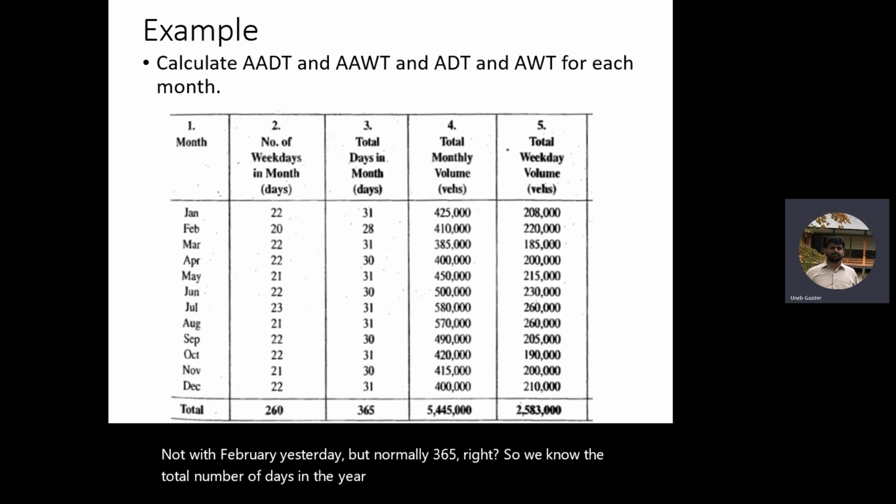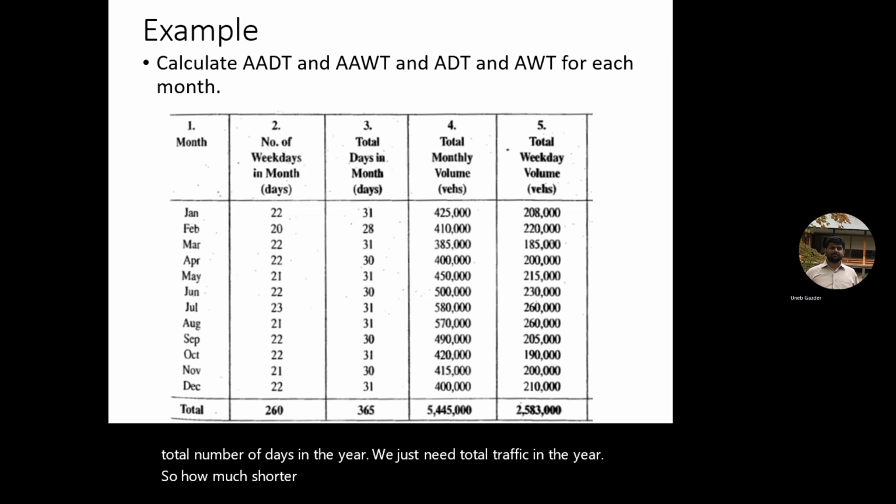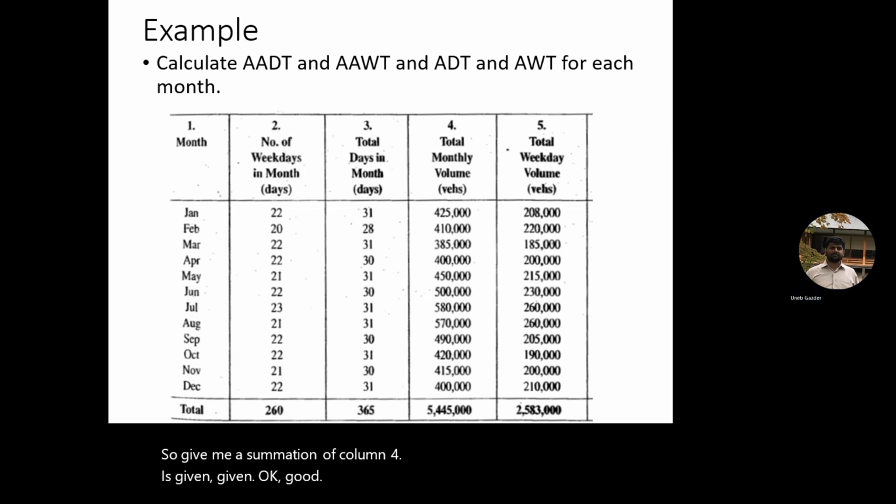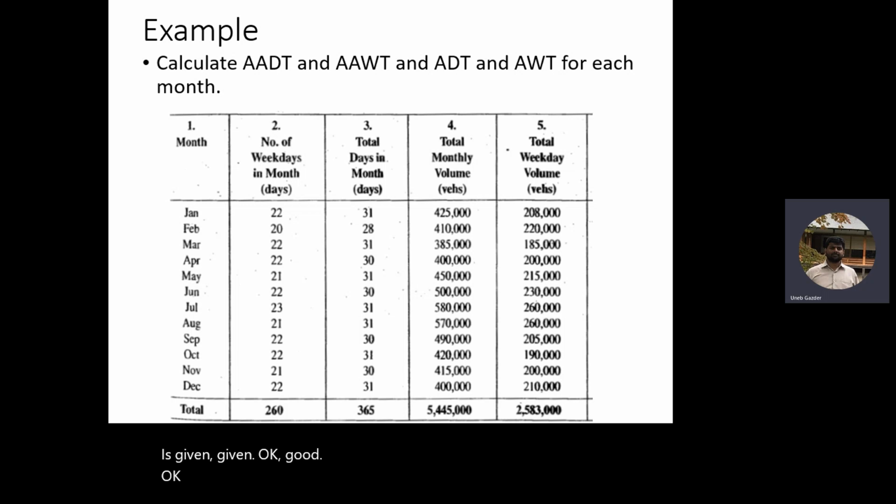We just need total traffic in the year. Summation of column 4, which is given. So AADT will be the summation of column 4 divided by total number of days in the year, which is 365, and you get how much?